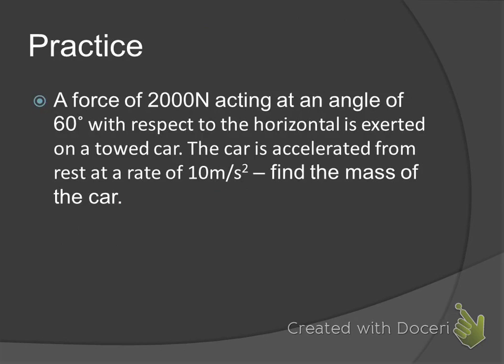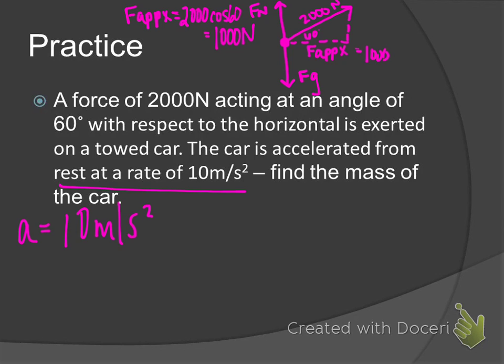So if that means our only horizontal force in the x direction is equal to 1,000 newtons, doesn't that mean that our net force is equal to F applied x? Is there any leftward forces? No. So you can put in the minus 0, you can leave it off if you want.